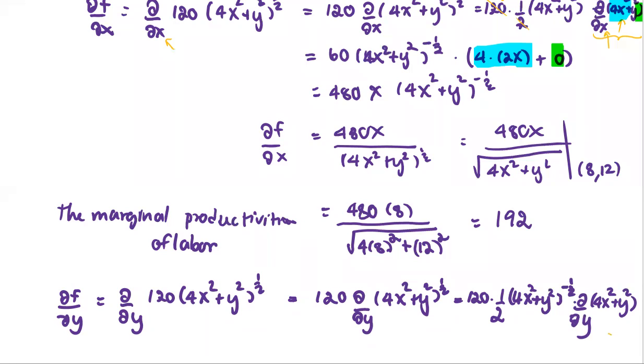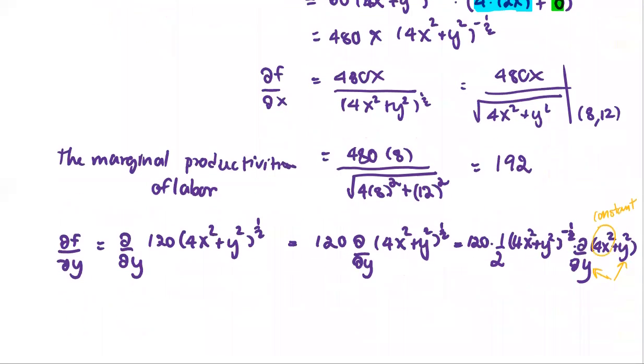This time we target the y, so this portion will be treated as a constant term. Cleaning up the numbers, 120 and 2 reduce to 60. The derivative of this portion will be 0 plus 2y, or just 2y.